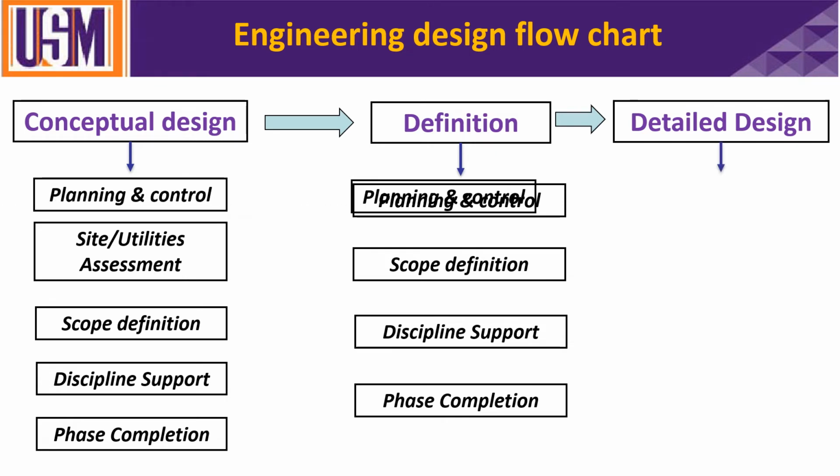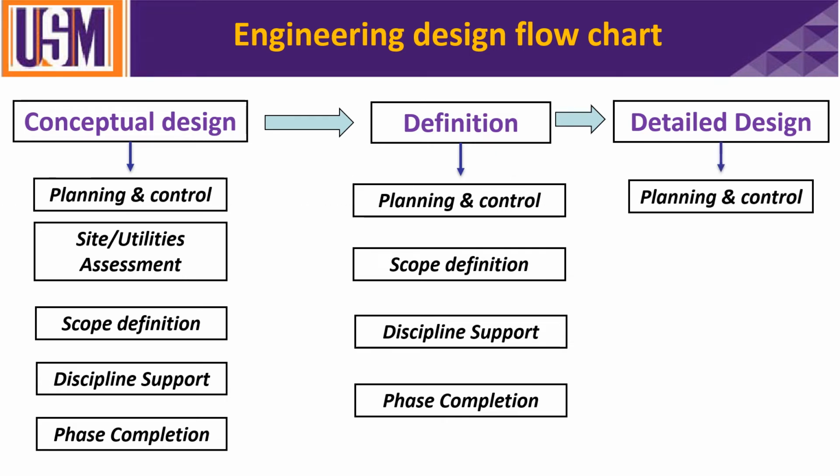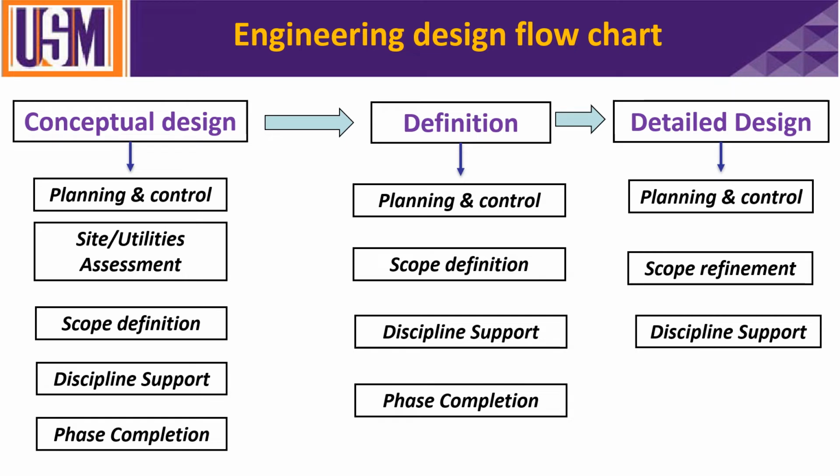Lastly, you have the detailed design, planning and control. At the beginning of any phase, you do planning and control. You draw the Gantt charts for the whole phase, with starting activities, milestones, until the end completion. Then you will have the scope refinement. So after definition, you just do a final revision, which is the refinement.